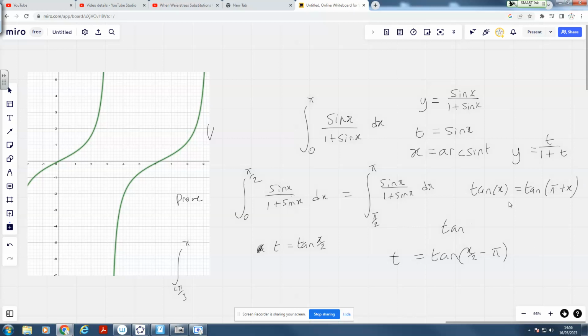You can always add a pi to it, can't we? So tan of x over 2 plus pi, tan of x over 2 minus pi is the same as tan of x over 2 minus pi plus pi, and so it doesn't matter. It really doesn't, because they give you exactly the same y coordinates, which is what we care about.